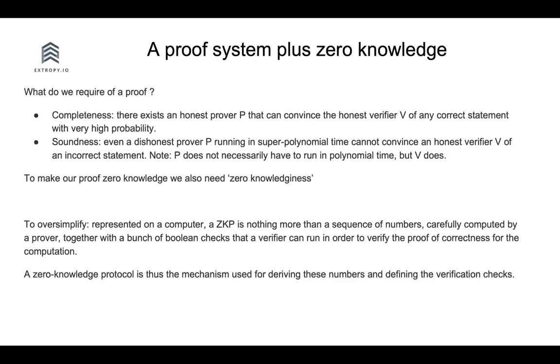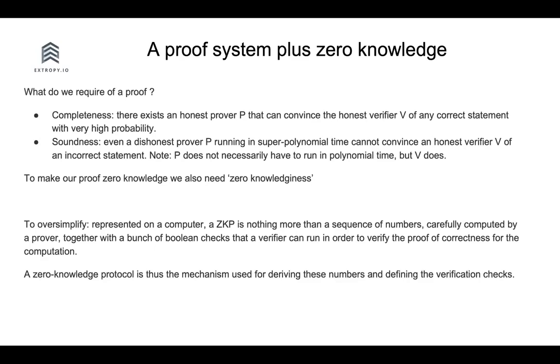One is completeness. And this means that if the prover is being honest about the proof, they can convince an honest verifier of a correct proof with a high probability.